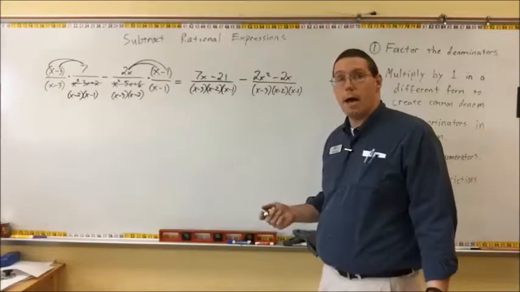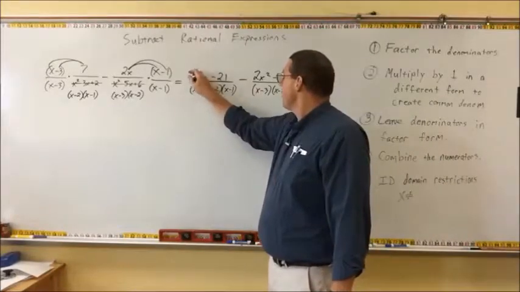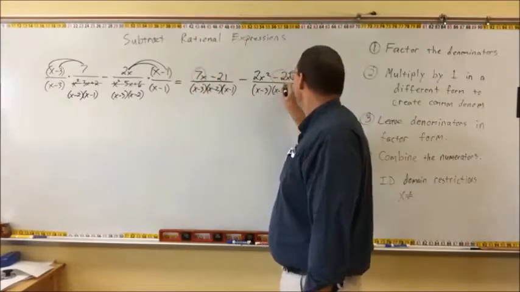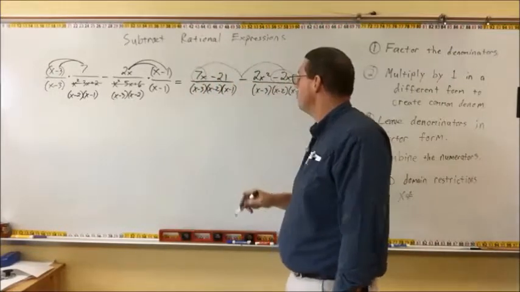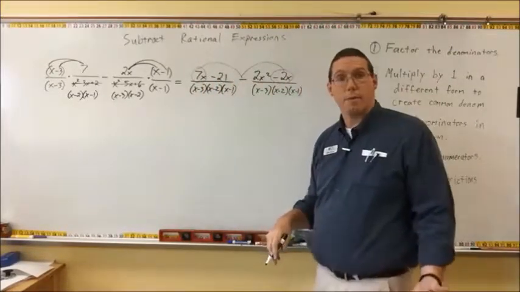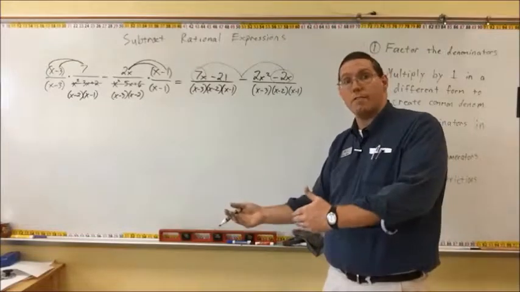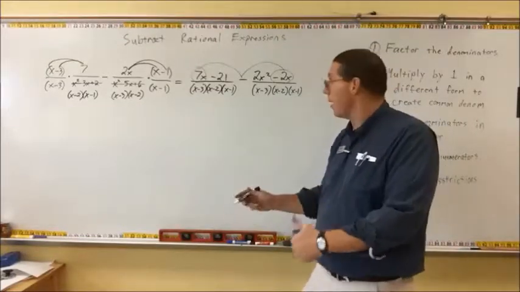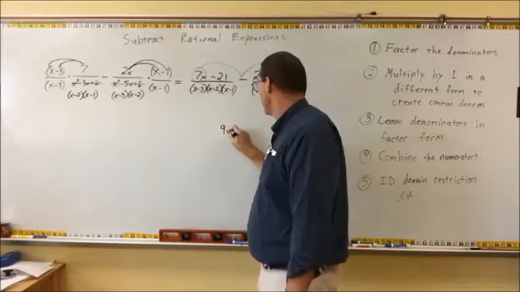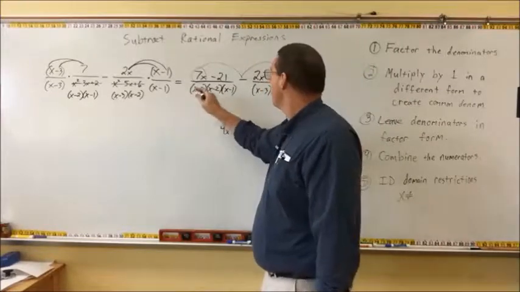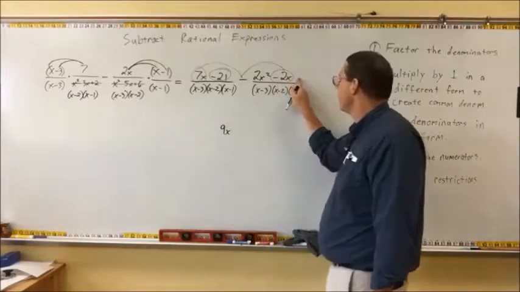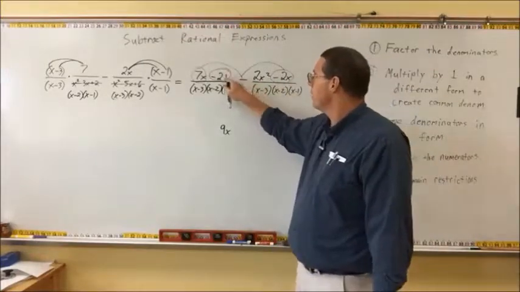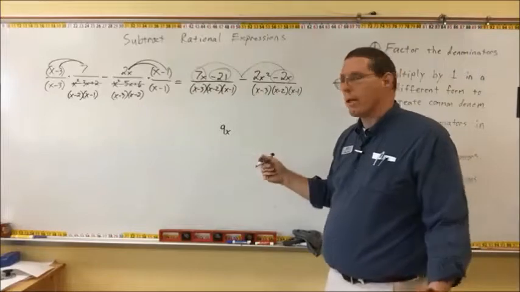Now we just have to combine. We've got 7x here, and negative 2x here, so we're going to go 7x minus negative 2x. Well, that's 9x, because 7x minus negative is plus. So 7x plus 2x is 9x. Then we have negative 21 minus, well, there's no constant over here, so that's like a 0. Negative 21 minus 0 is negative 21.